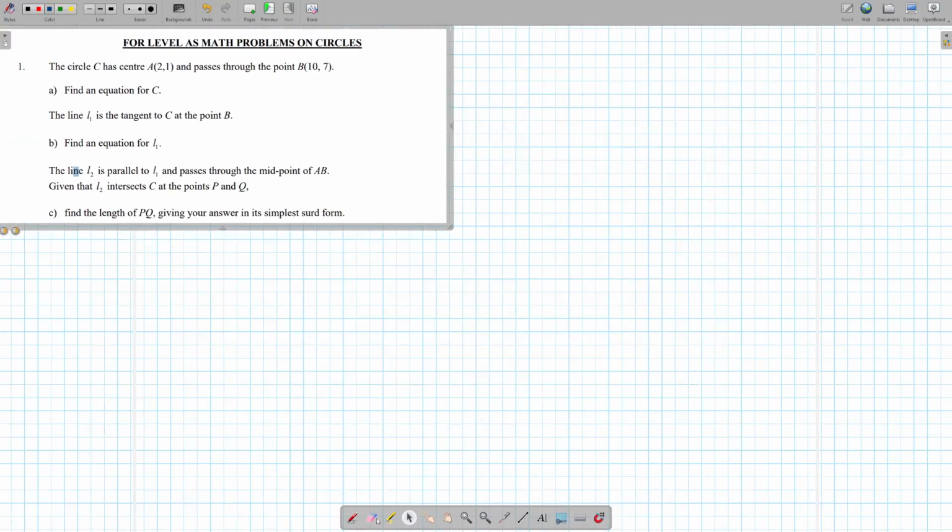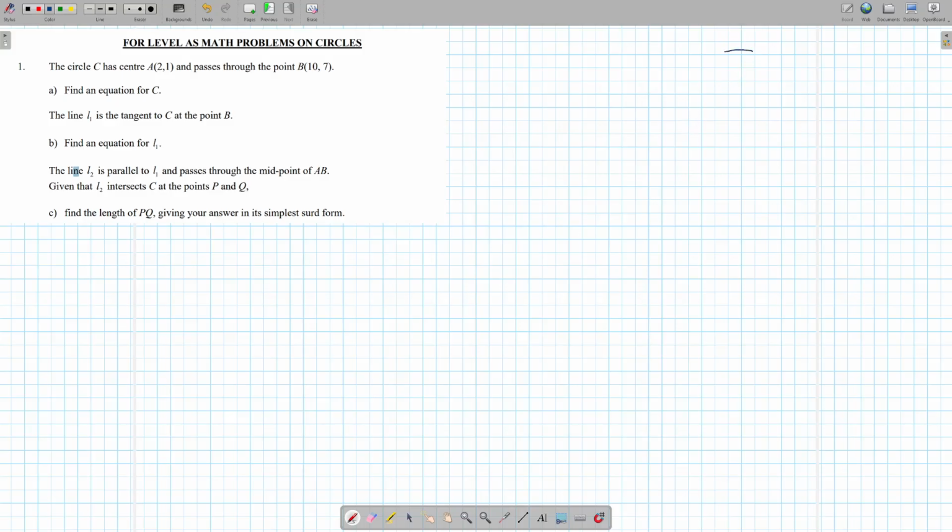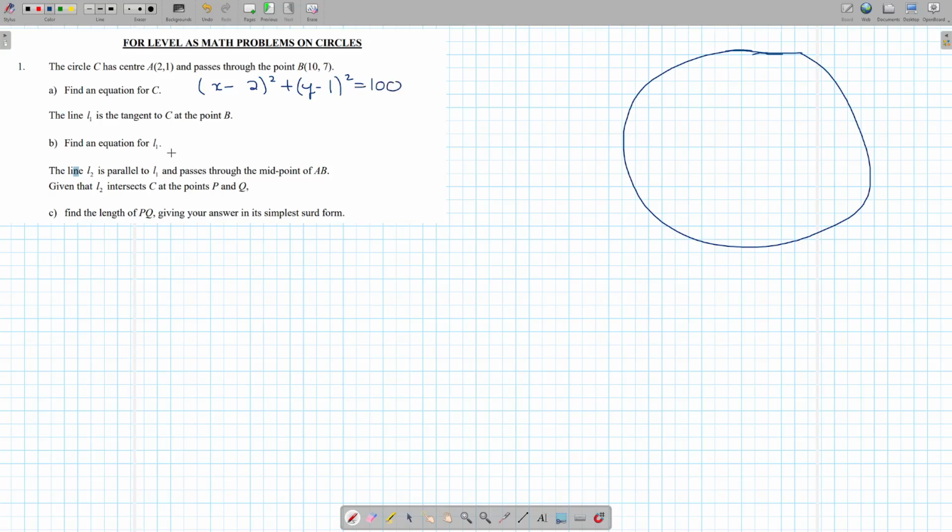So we have a circle over here. We found the equation in part A: (x - 2)^2 + (y - 1)^2 = 100. And for part B, y = -4/3 x + 61/3.